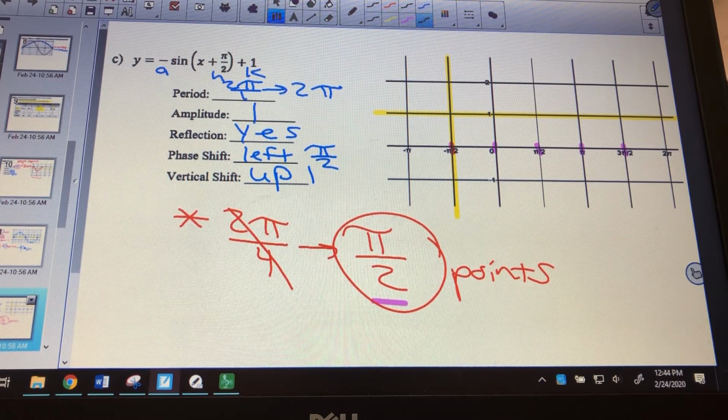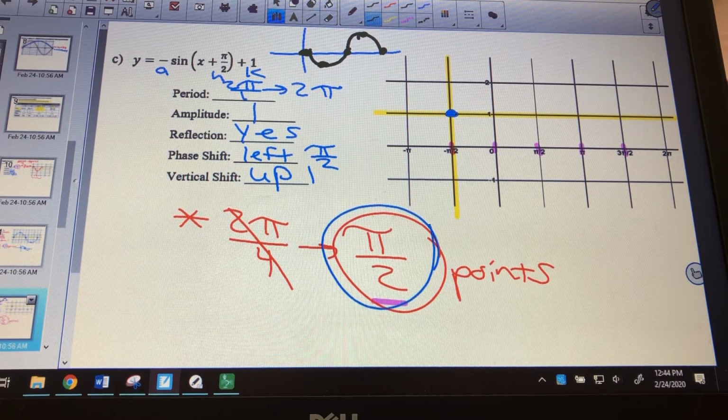So sine 0 or 1, where does it start? 0. So let's plot that. Again, not actually at 0, but at our new 0, 0, what we consider to be our new 0, 0. Now it's reflected sine. So remember, we're kind of following this image. Okay, so now instead of moving over and going up, I need to go down. So I'm going to go over pi over 2 because those are the increments we're working with. And then our amplitude is still just 1, so 1 unit below the midline.